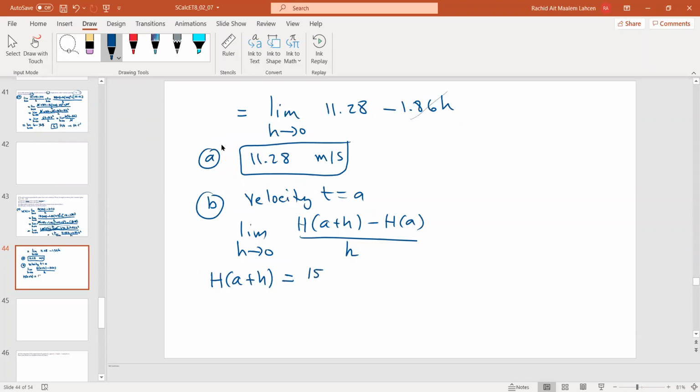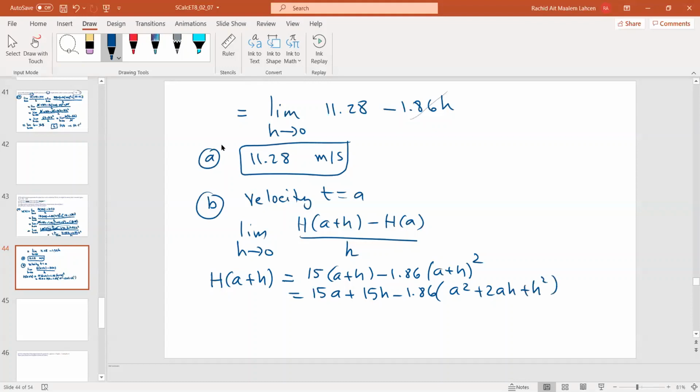So the 15 now takes a plus h minus 1.86, and it takes a plus h squared, and that gives us 15a plus 15h minus 1.86 times (a squared plus 2ah plus h squared), and so 15a plus 15h minus 1.86a squared minus 3.72ah minus 1.86h squared.